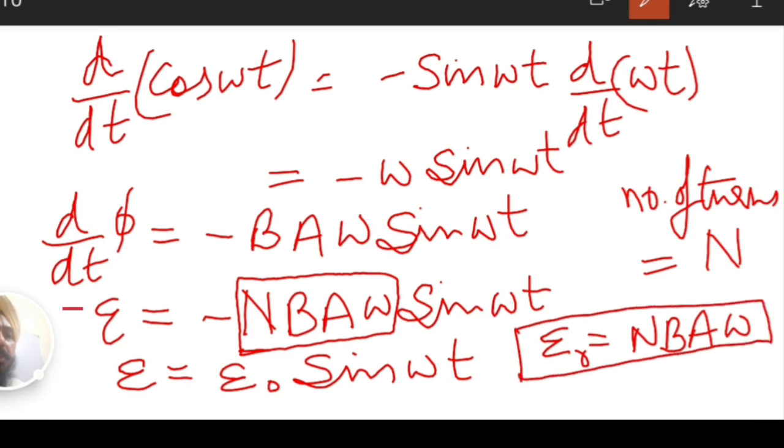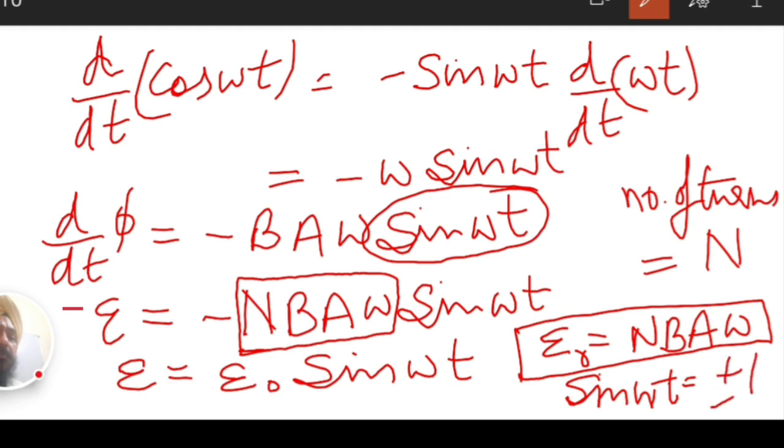So this occurs when sin omega t has a maximum value, that is plus or minus 1. So when sin omega t is maximum, we will have a maximum induced EMF from the coil. E equal to E naught sin omega t.